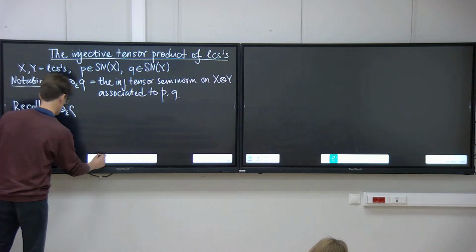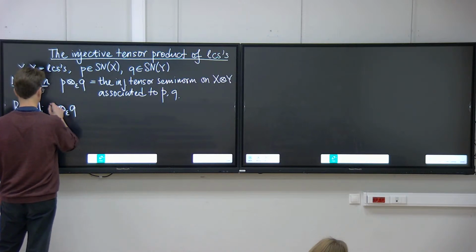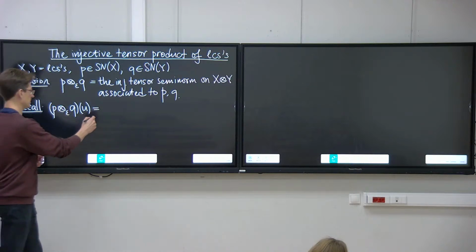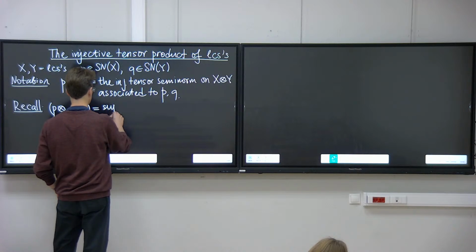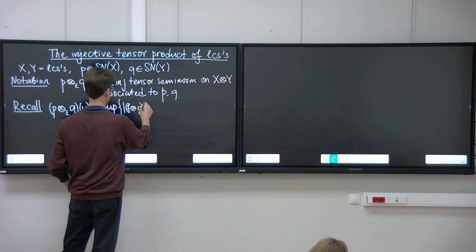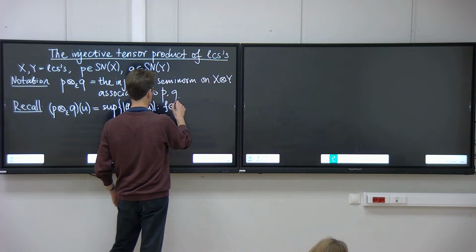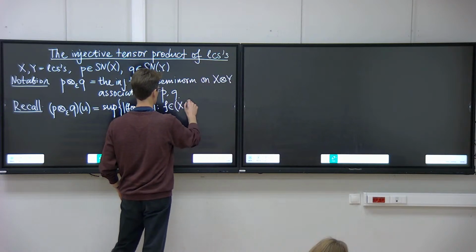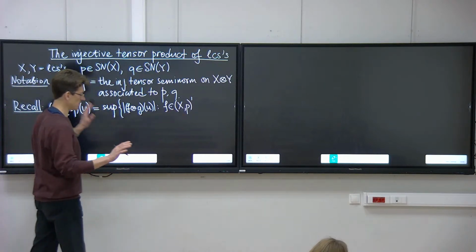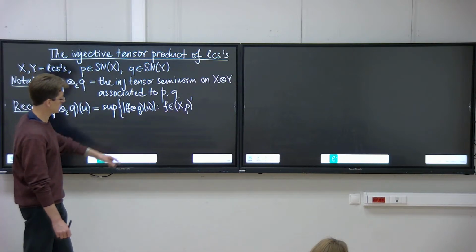So if little u is an element in the tensor product, then this seminorm of u is defined to be the following supremum of f tensor g applied to u, where f runs over the closed unit ball of the dual of X. Here we forget about all other seminorms and remember only the seminorm P to form the dual space.